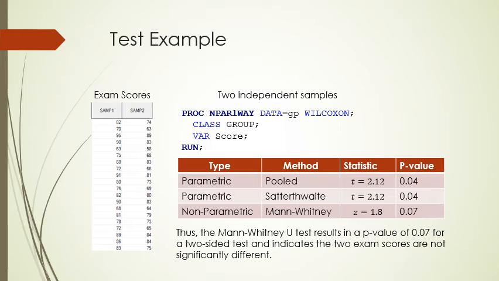Both methods give a p-value of 0.04. Here we use the Mann-Whitney non-parametric U test, and we have a z-score of 1.8, which gives a p-value of 0.07 for a two-tailed test.